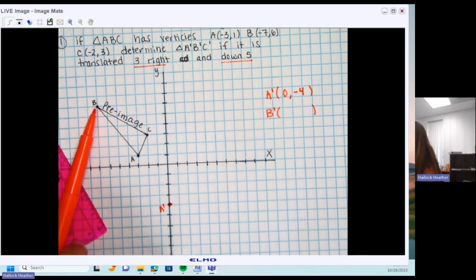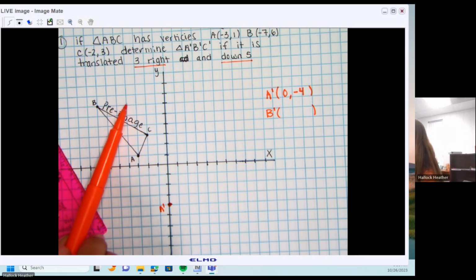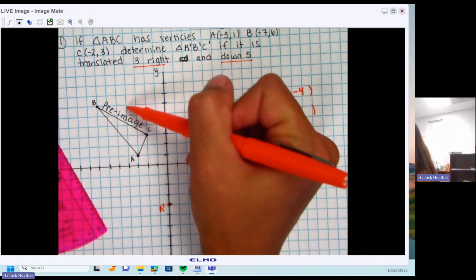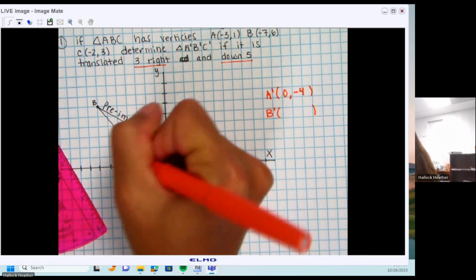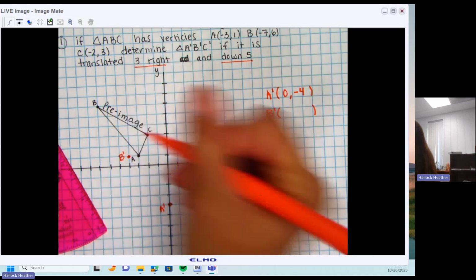So B, I'm going to take B and I'm going to go 3 to the right and down 5. So 1, 2, 3, and then down 5. 1, 2, 3, 4. So this is B prime.